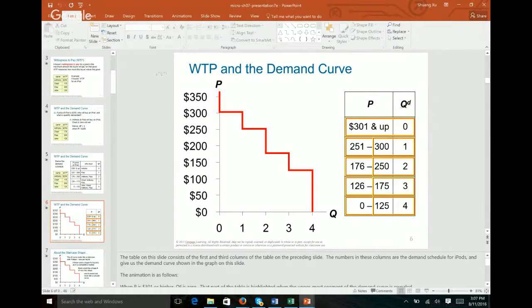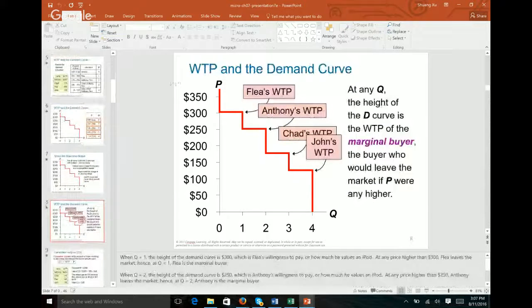For this demand over here, if the price is set at, let's say, $150, then your consumer surplus will be the difference from 300 to 150, and then 250 to 150, and then 175 to 150. So the vertical difference between your demand curve and the price line, that's your consumer surplus. Okay, so make sure you know how to find that.